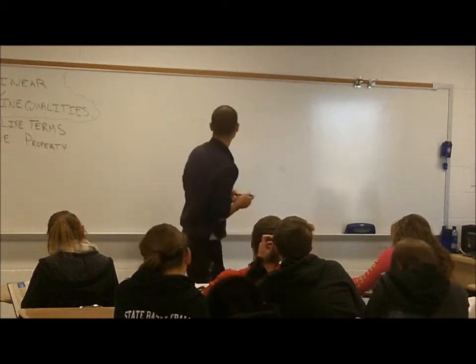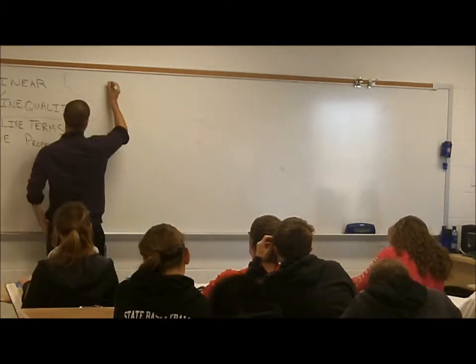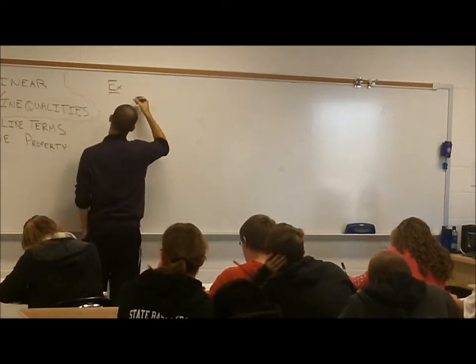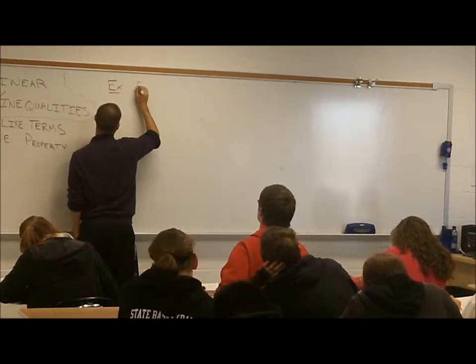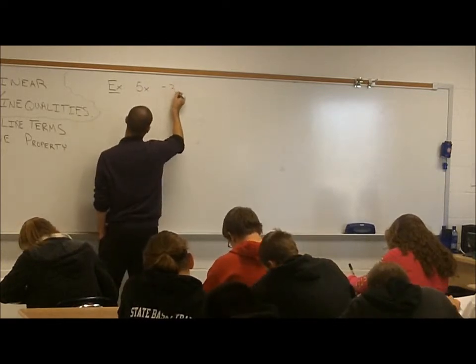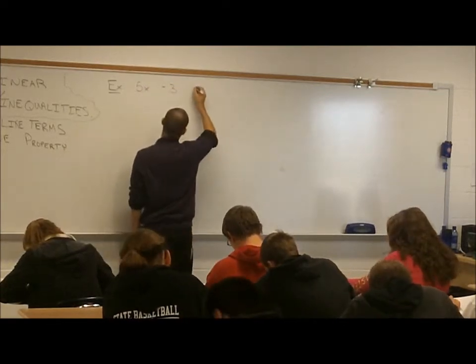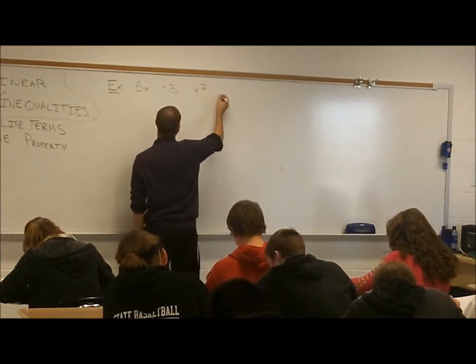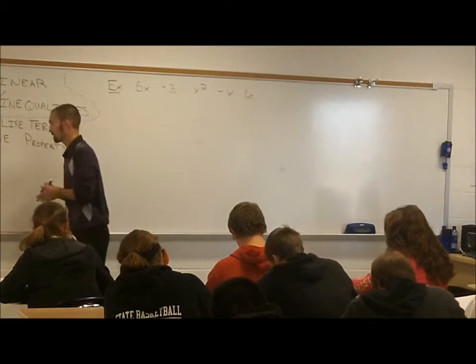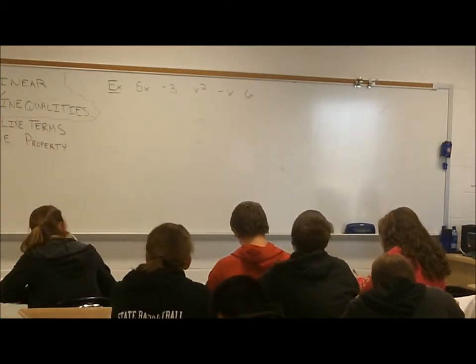Okay, so say we have these values: 5x, -3, x squared, -x, and +6. Okay, we've got 5 guys up there.